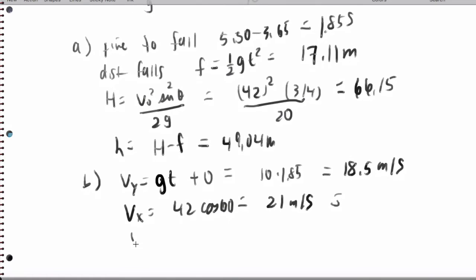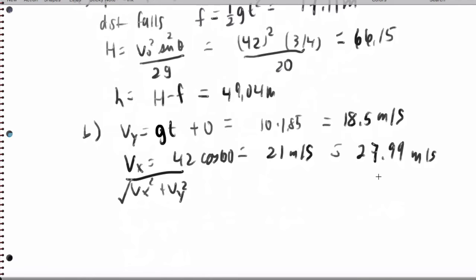So the speed is going to be the square root of vx squared plus vy squared. And when we get that, that ends up being 27.99 meters per second.